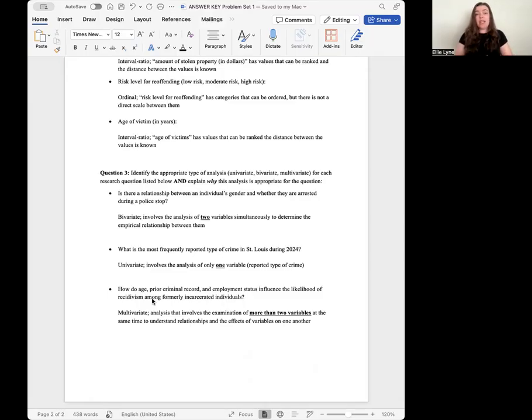So anything beyond a bivariate analysis will be a multivariate analysis. So I see here that we have age, prior criminal record, employment status. Those are our 3 independent variables here, and we're looking to see if they have any influence on the likelihood of recidivism among formerly incarcerated individuals. So our dependent variable is likelihood of recidivism.